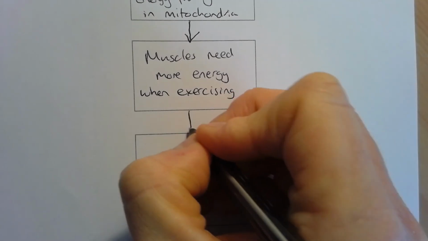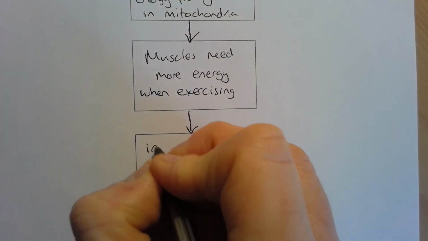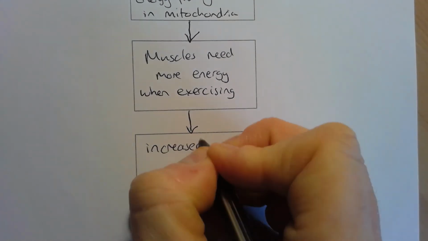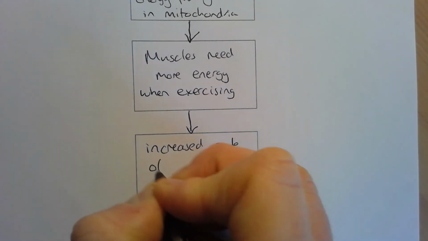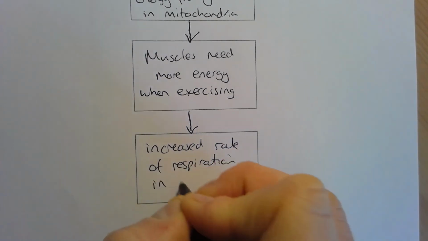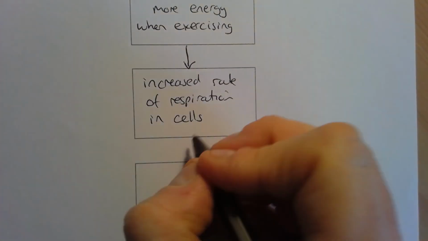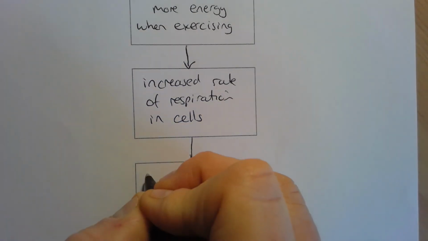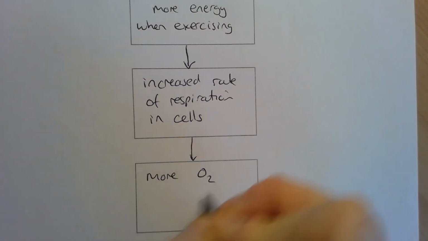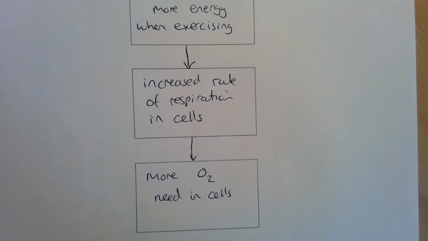If the muscles need more energy when we're exercising, then we're going to see an increased rate of respiration in the cells. If we get an increased rate of respiration in the cells, more oxygen is needed in the cells.